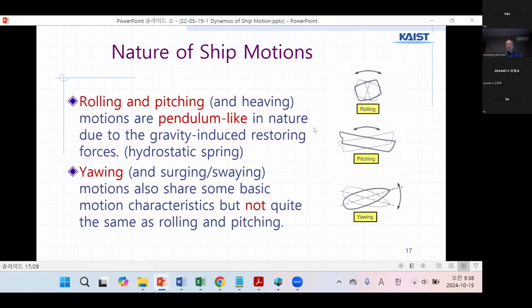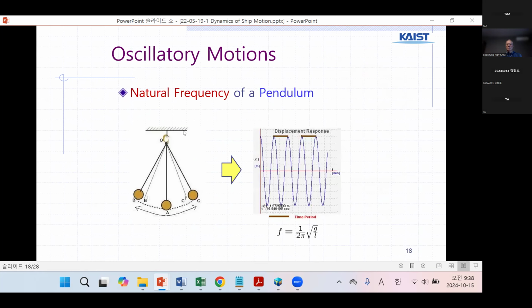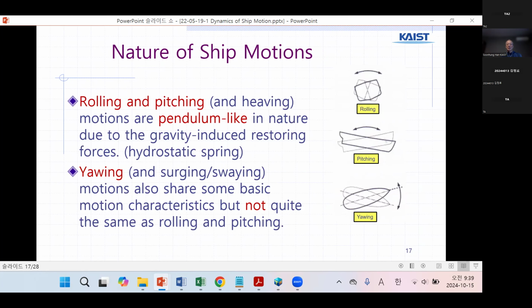And the nature of ship motion, rolling and pitching and heaving, is very similar to a pendulum. You know about the pendulum. I will show you. This one is a pendulum. This has a pendulum-like nature, similar due to the gravity-induced restoring forces. We call this a hydrostatic spring.